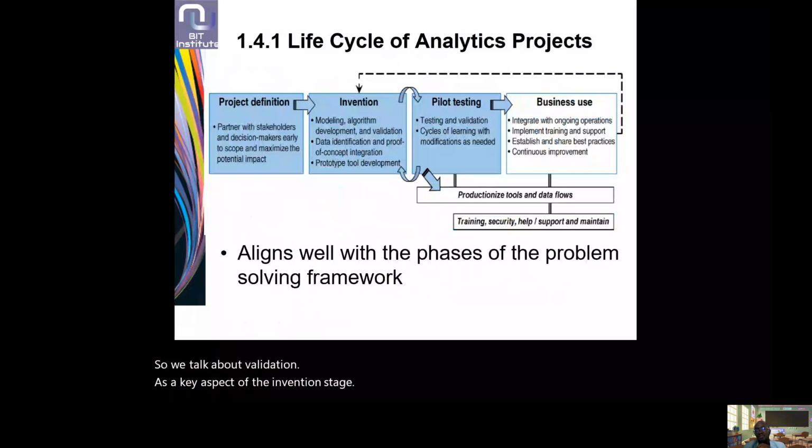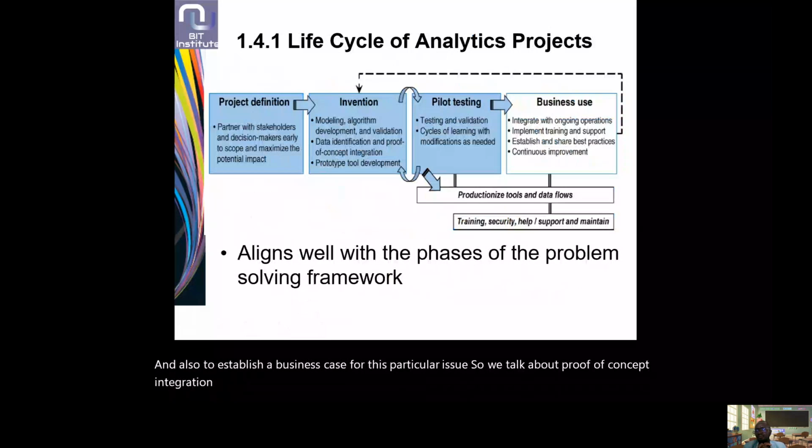The other aspect of invention is that because we're talking about modeling, you must be able to identify data that are relevant for the modeling process, and also to establish a business case for this particular issue. So we talk about proof of concept integration into business processes.